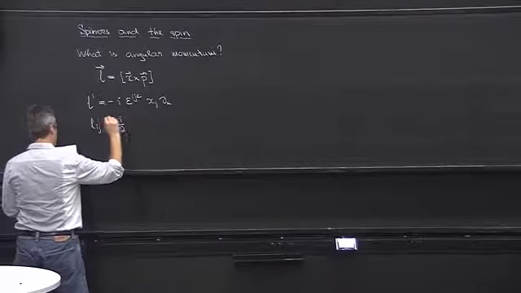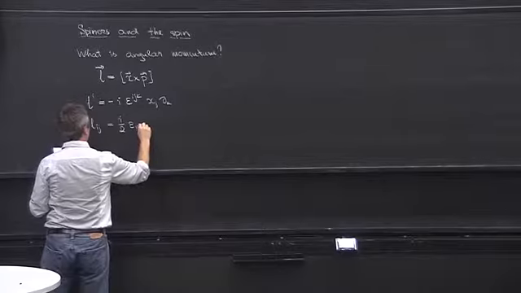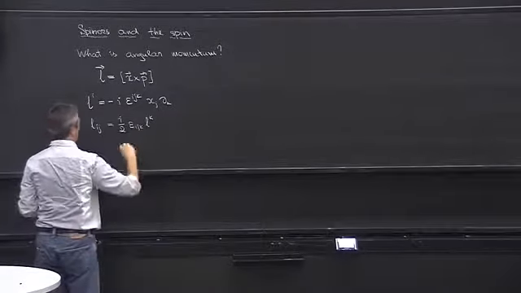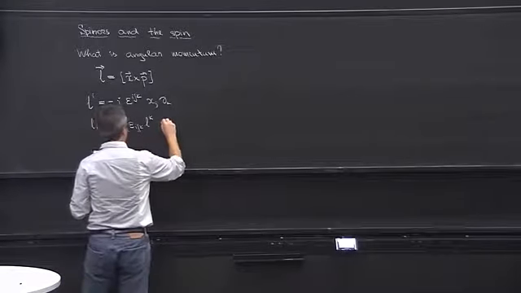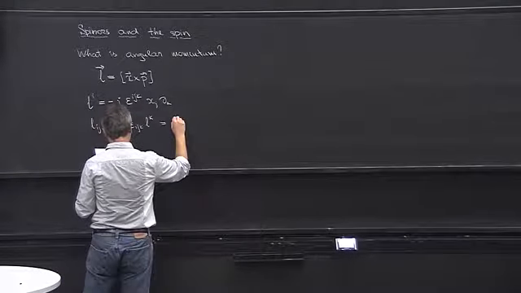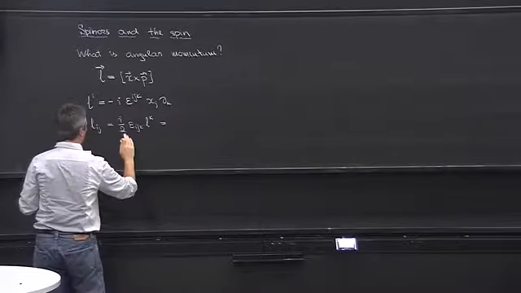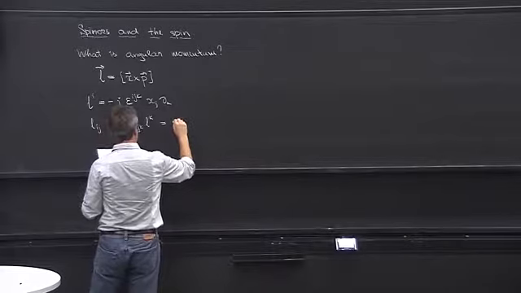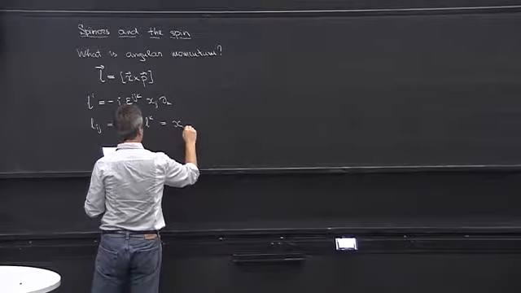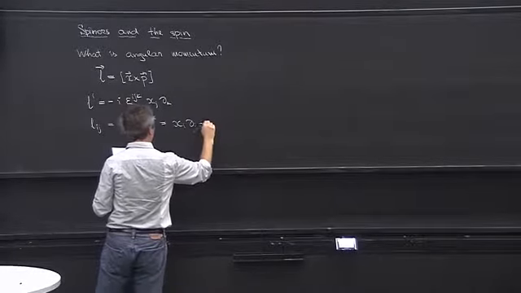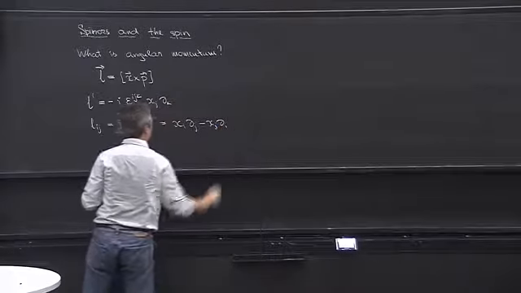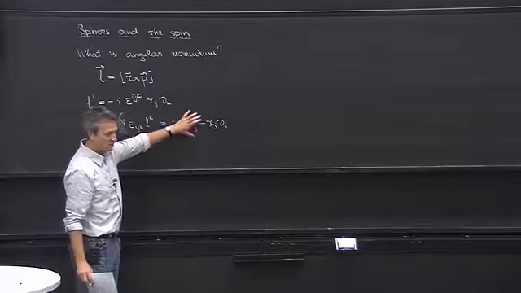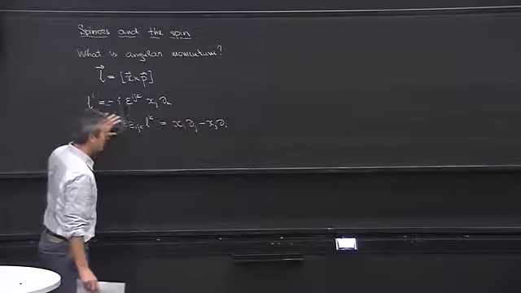So we could characterize it by a tensor L_ij, defined as epsilon ijk contracted with L_k, and this is simply x_i d_j minus x_j d_i. We can call this operator the angular momentum.